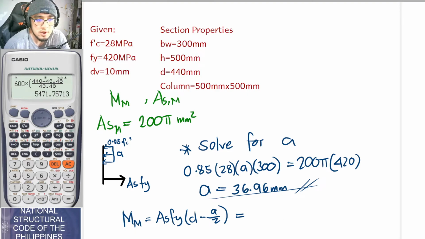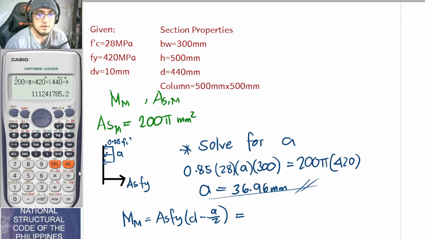This is now equal to, our As is 200 times pi times Fy, which is 420, times d minus a over 2, so our d is equal to 440, minus a over 2, so 36.92 divided by 2. So 200 pi times 420 times 440 minus 36.92 divided by 2.